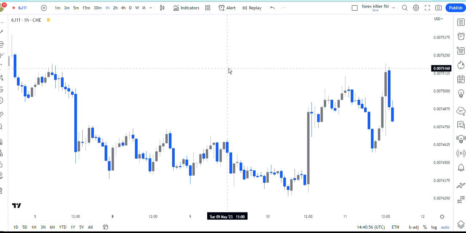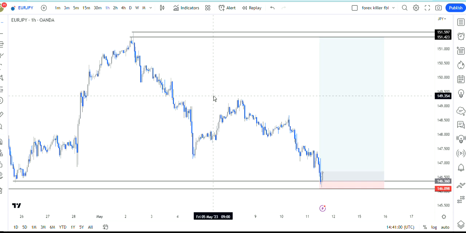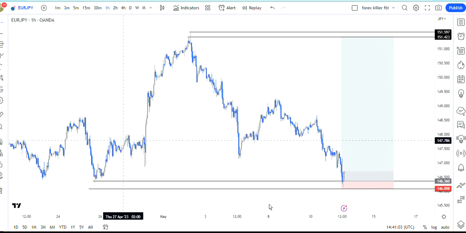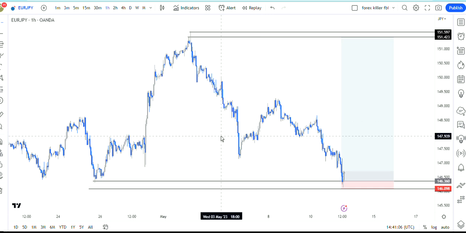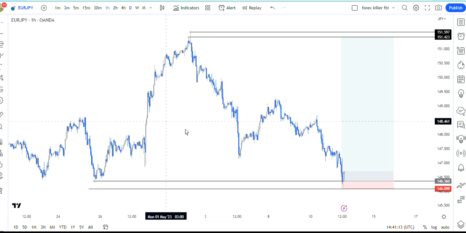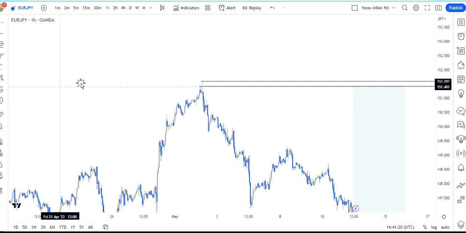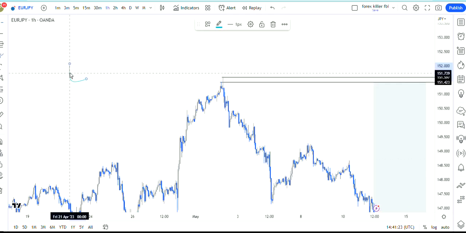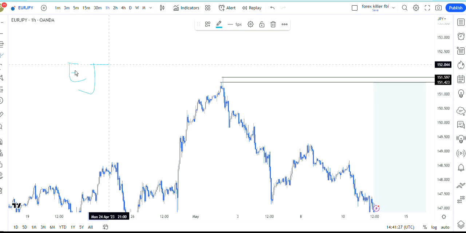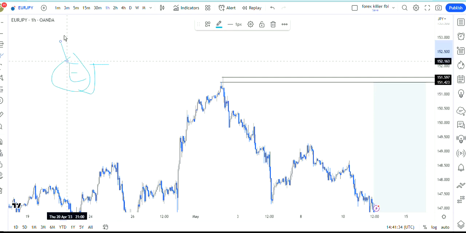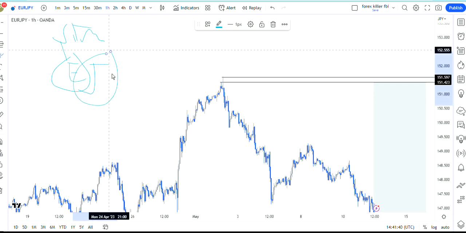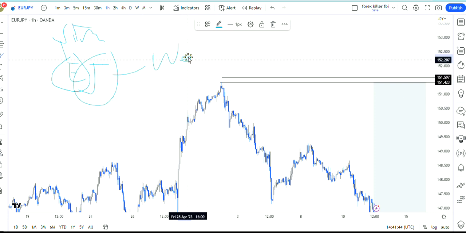Example, if we want to deal with Euro Japanese yen, EJ, and we want to buy it, we know that if we are buying, the base currency will be strong and the quote currency will be weak.